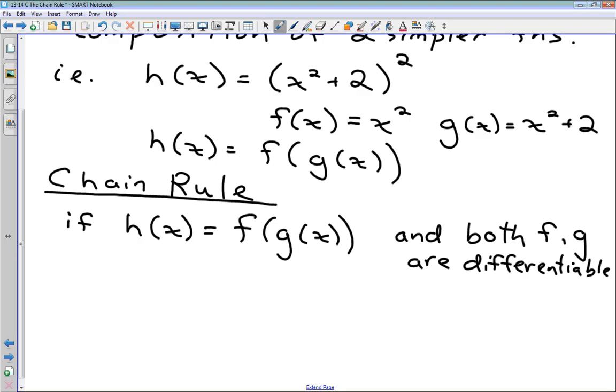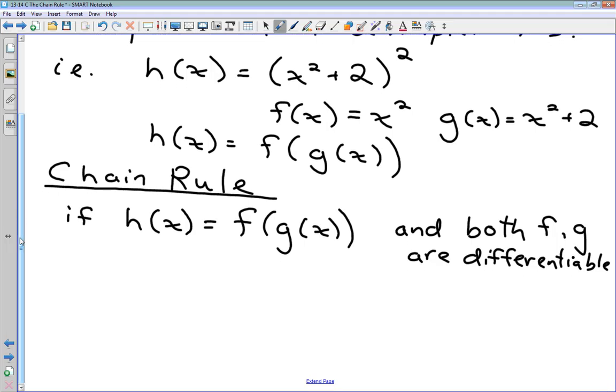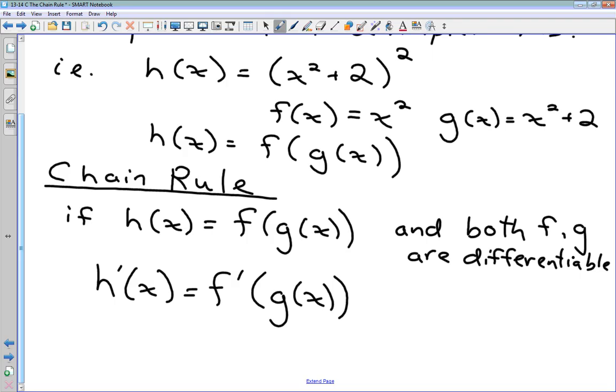Okay? So if we've got this function that we're thinking of as a composition of two simpler functions, the chain rule tells us that the derivative h primed at x is given by f primed, so the derivative of that outer function that we've subbed g into, f primed evaluated with g at x, the original function g at x subbed into it.